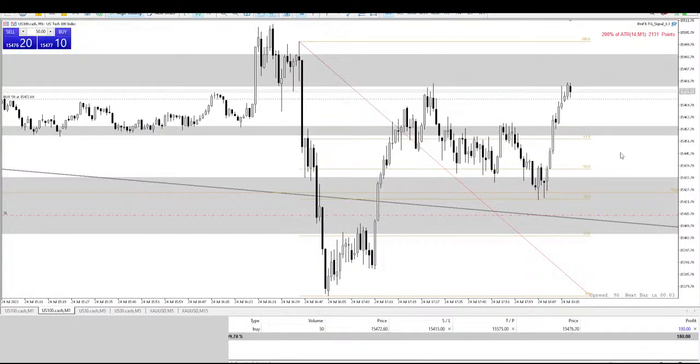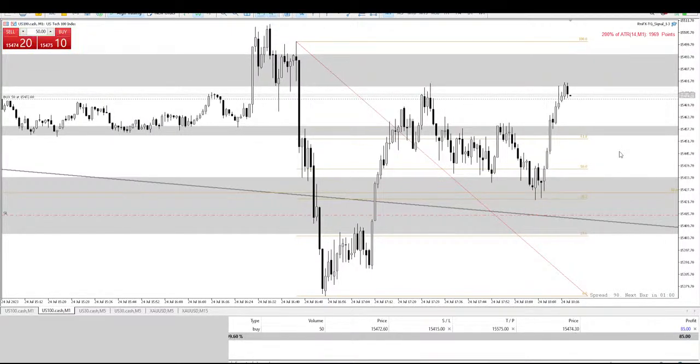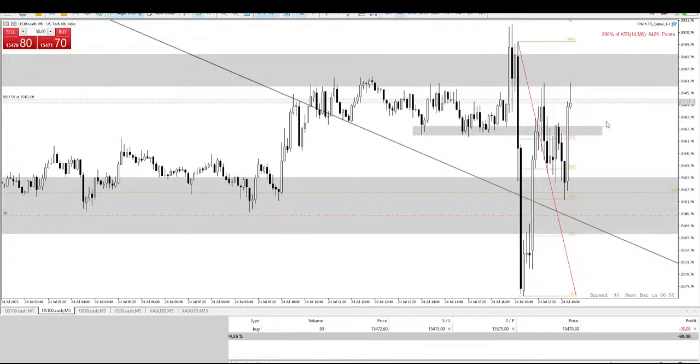Oh yeah, see, you managed to get some profit on that sell. Yeah, the 5 minutes was pretty good. But remember, we have this resistance level here, so we've got to be careful with that.